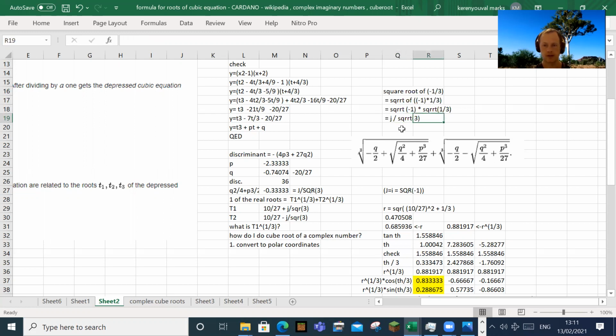So that's it. So now we've introduced the complex numbers. The square root of Q squared over 4 plus P cubed over 27 is equal to j divided by the square root of 3.